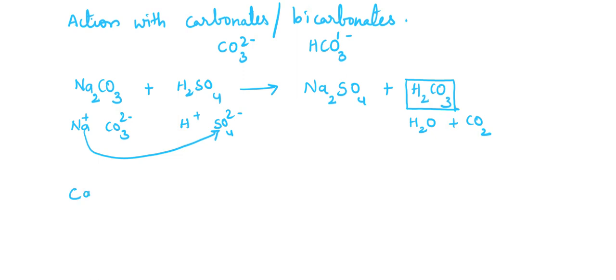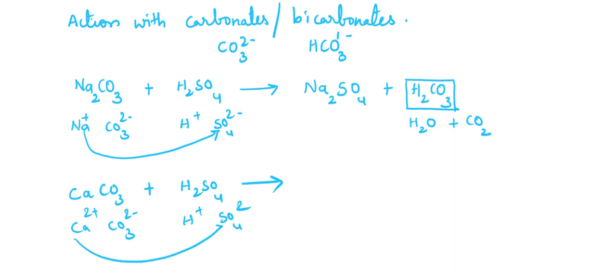So next try with calcium carbonate, CaCO3, with dilute H2SO4. Ca2 plus, CO3 2 minus, H plus, SO4 2 minus. Calcium sulfate plus water plus carbon dioxide gas is formed.